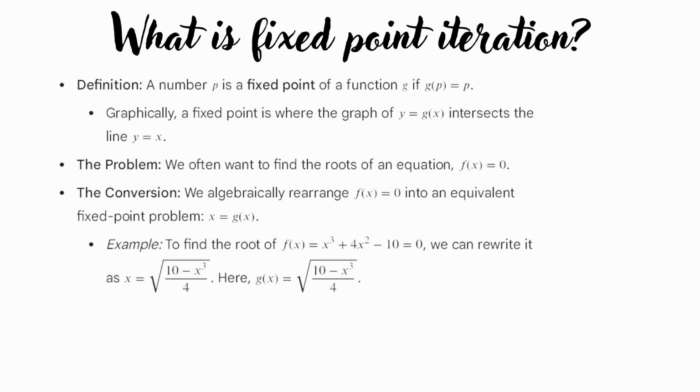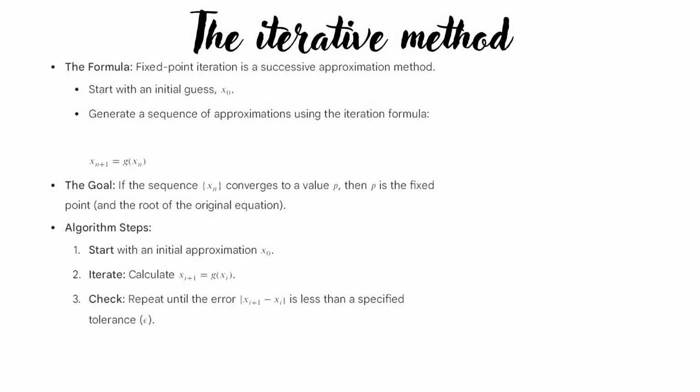If the sequence of x values converges, or gets closer and closer to a value p, then p is the fixed point and the root of the original equation. The process we just did is called the iterative method. It's a successive approximation method.